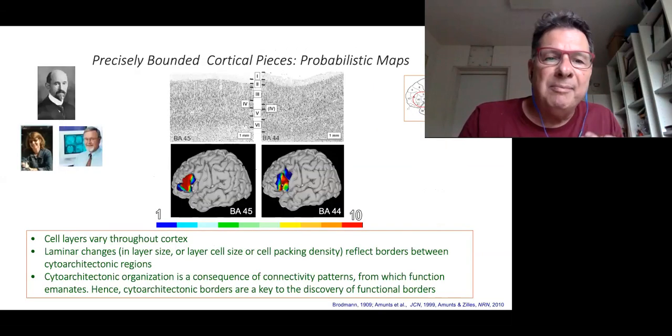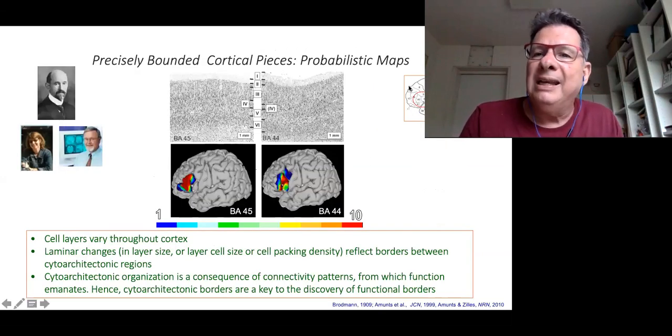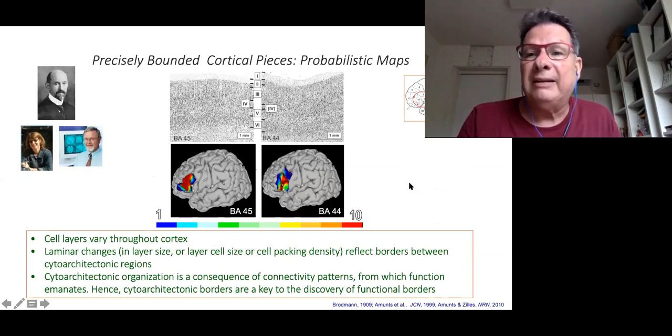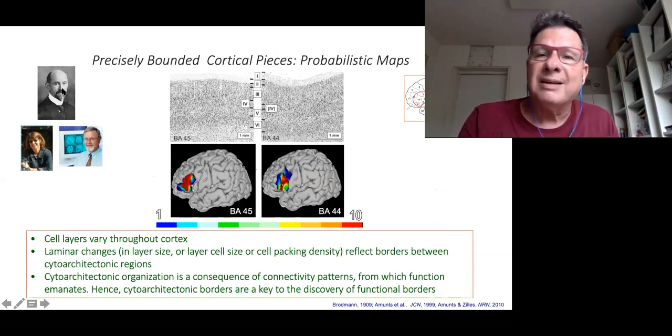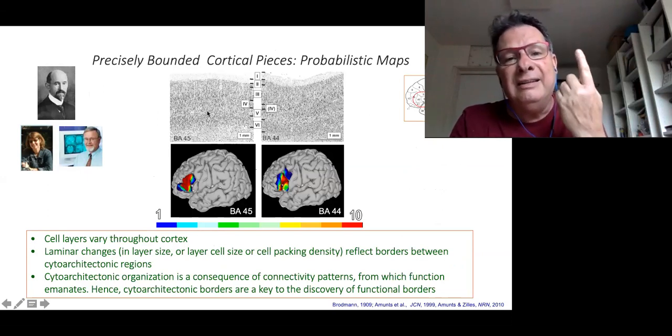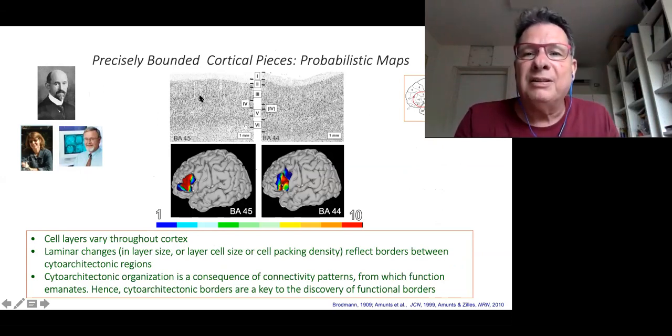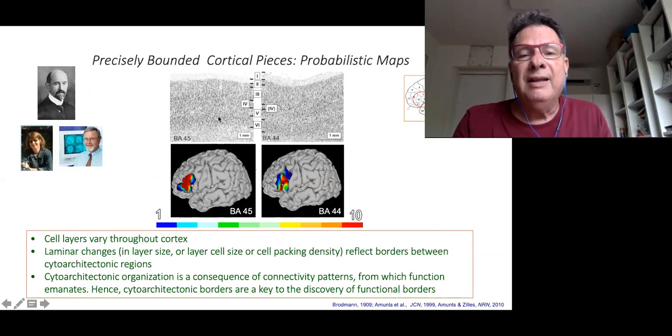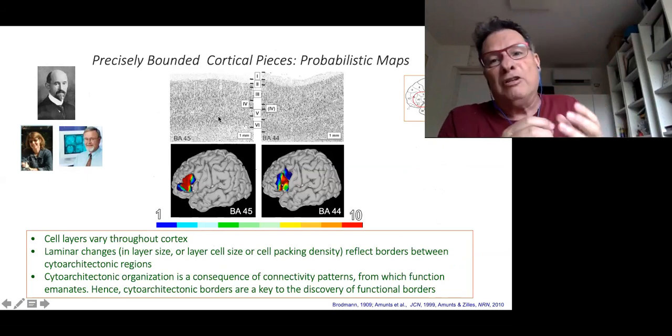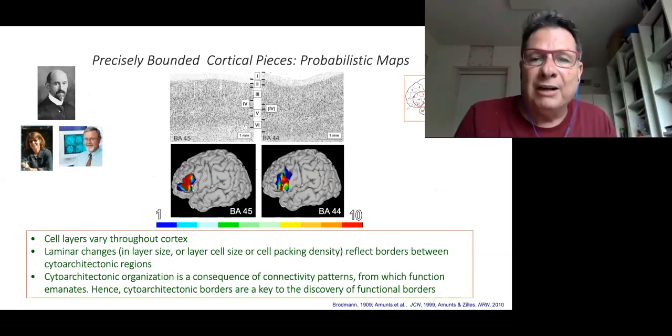Namely, if the claim is that these microscopically discovered modules, in fact, support distinct functions. So this was Brodmann's claim, that the reason you want to parcellate the brain into these pieces is because these histological patterns are an index of local connectivity, and local connectivity is the index of separate functions.